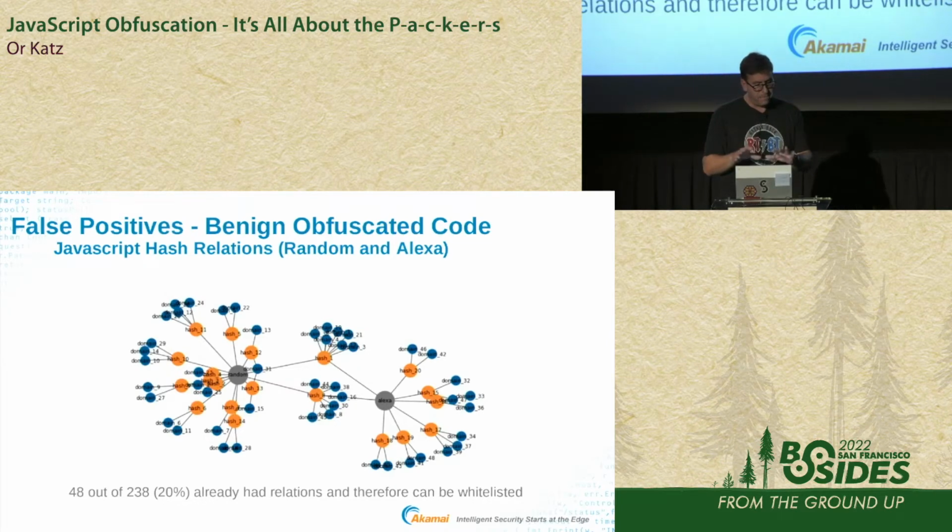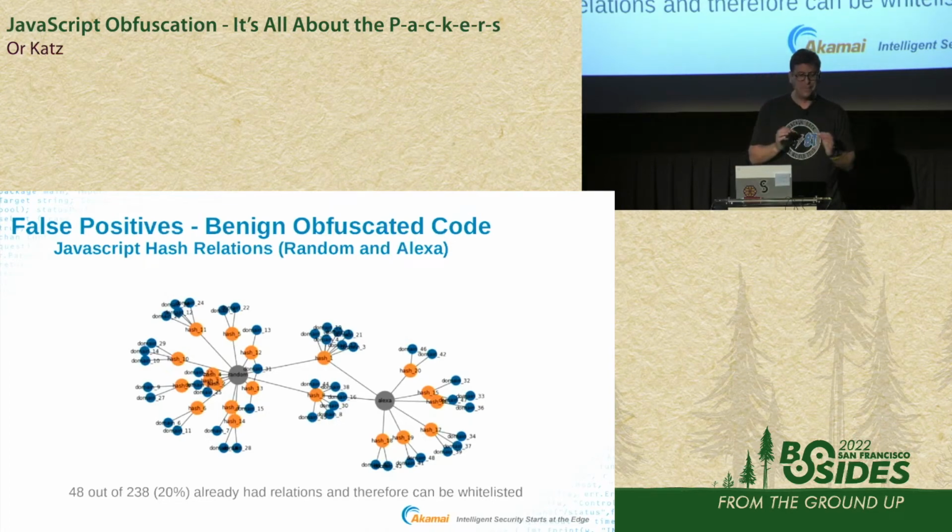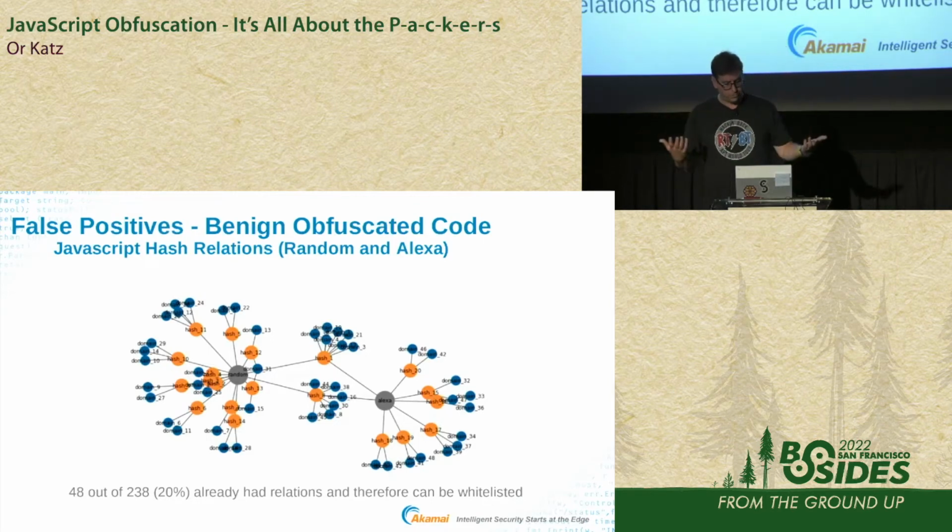In my case, which was a very small and limited data set, I was able to reduce the problem by 20%. And obviously, if we use a much larger data set of benign files, we will get better numbers.